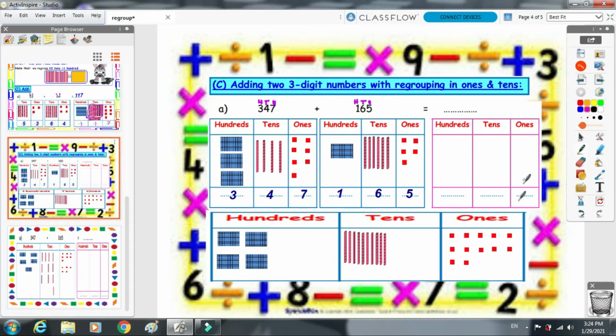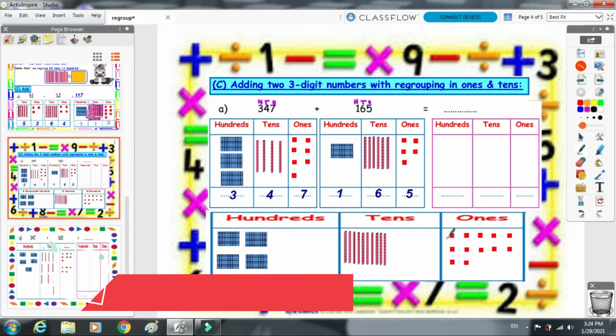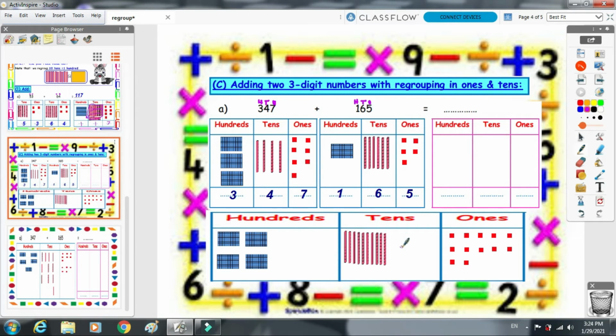Now it's time to compose the answer. I have here 12 small squares. They are more than 9, so I need to regroup. Regroup means I will collect 10 of these ones and stick them together to make one new 10.